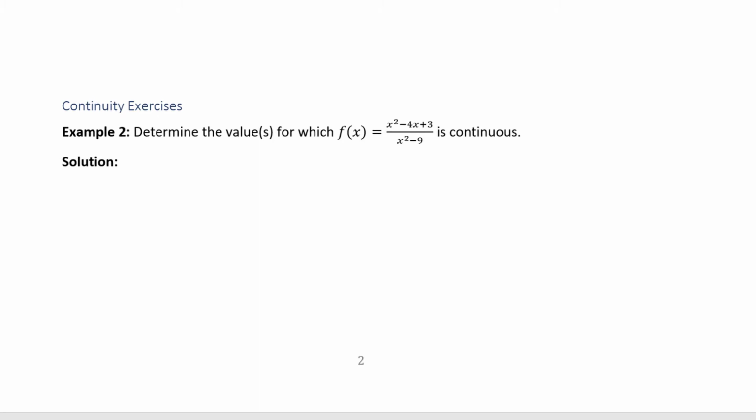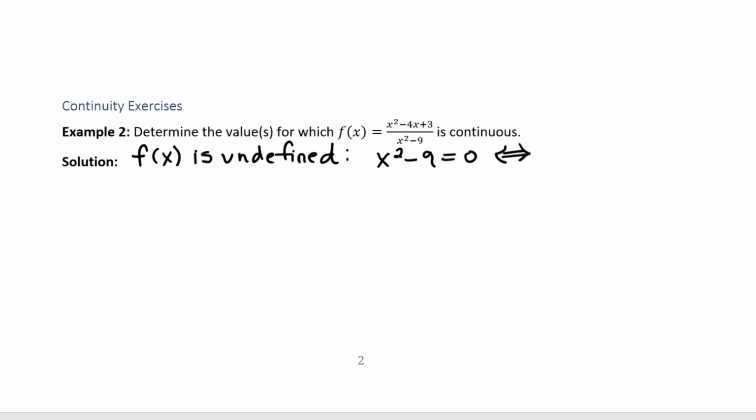Continuity exercises. Example. Determine the value or values for which f of x equals the rational function x squared minus 4x plus 3 divided by x squared minus 9 is continuous. We know that f of x, the function, is undefined where the denominator equals 0. So we want to solve for where x squared minus 9 equals 0.